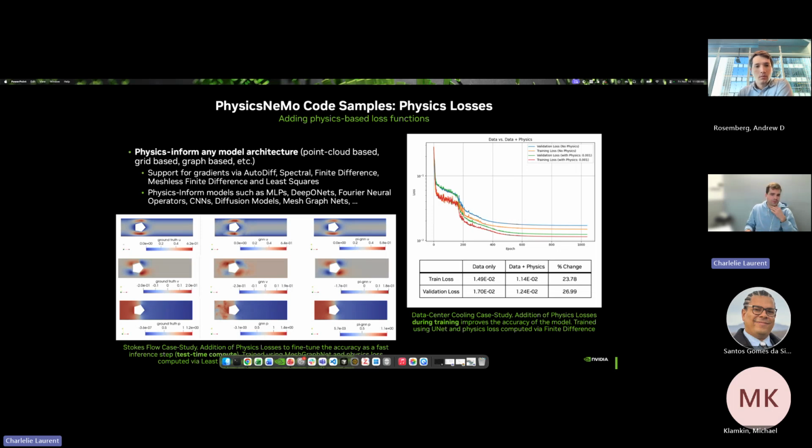In all our physics-informed modules, we usually go for finite difference. Using AutoDiff impacts performance a lot. It makes it much more complicated, and the gains are just not worth it. So usually we just do finite difference.